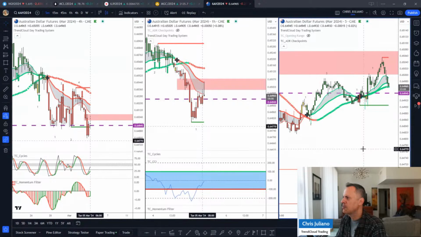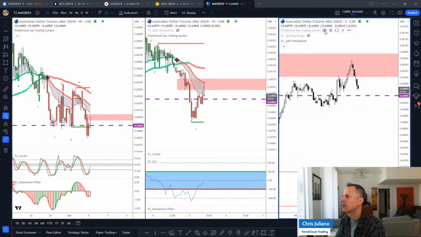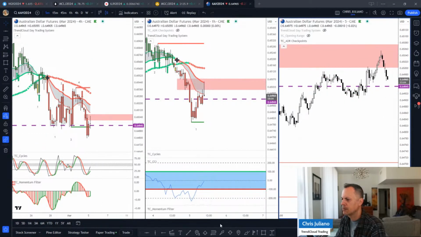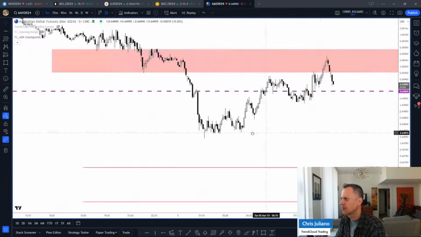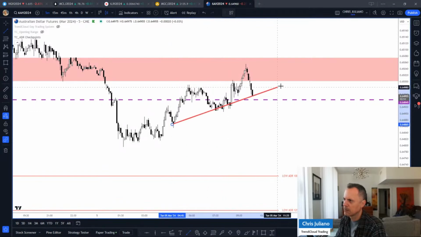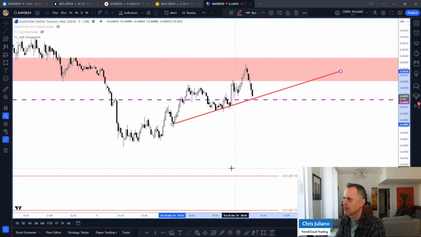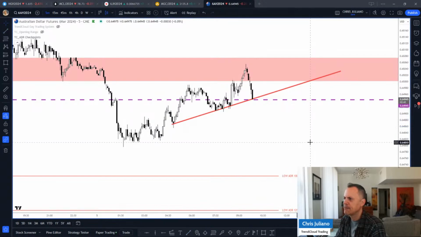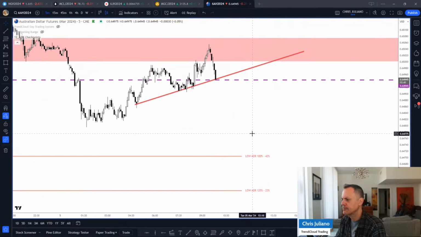Still making that upward climb. Nice trend line, right? We could get a trend line break, and we'd be breaking structure here on the 5-minute chart. What would it do?